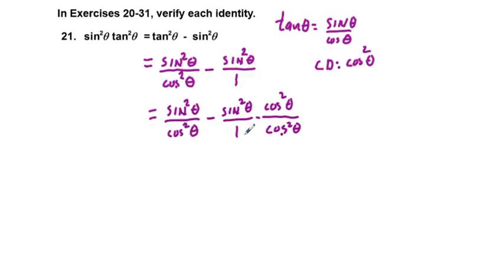Now we have a common denominator, cosine squared theta, and in our numerator we have sine squared theta minus sine squared theta cosine squared theta.